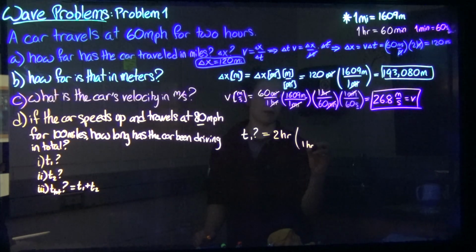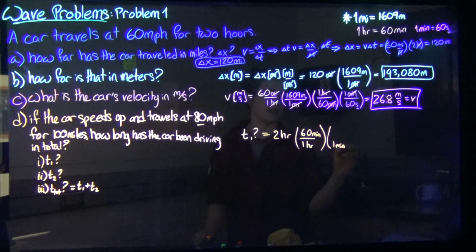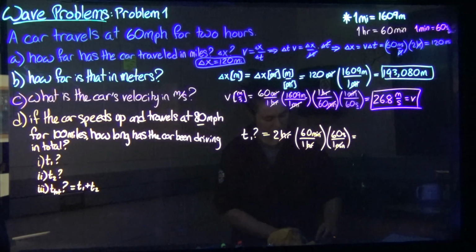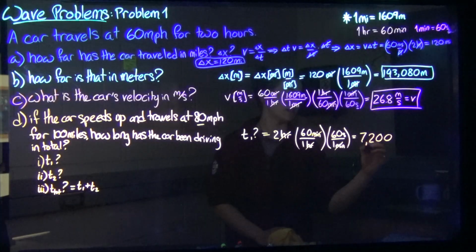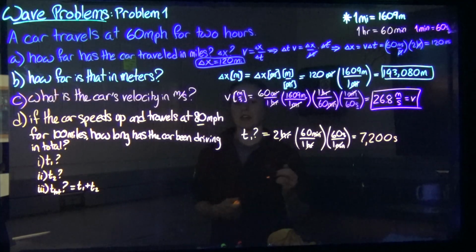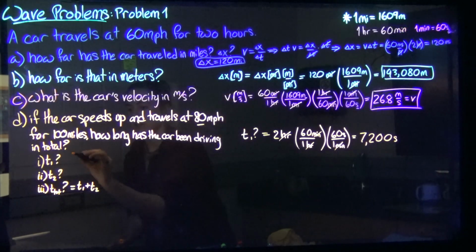So we've got 1 hour is 60 minutes, 1 minute is 60 seconds. Just to check, minutes cancel, hours cancel. And that's going to be 2 times 60 times 60, which is 7,200 seconds.